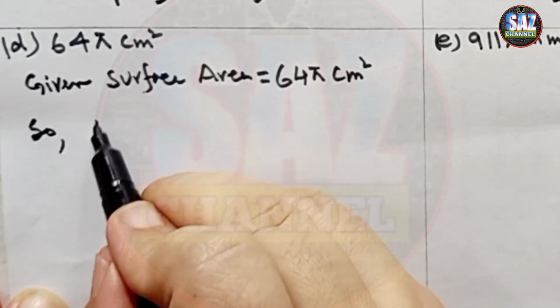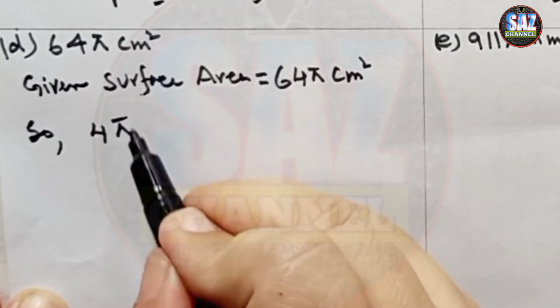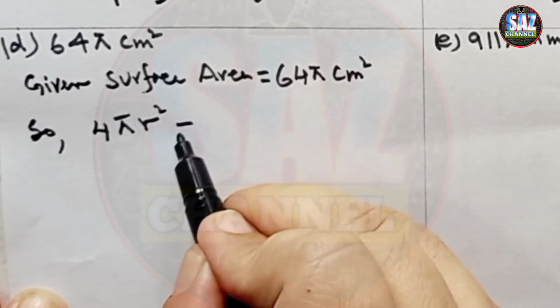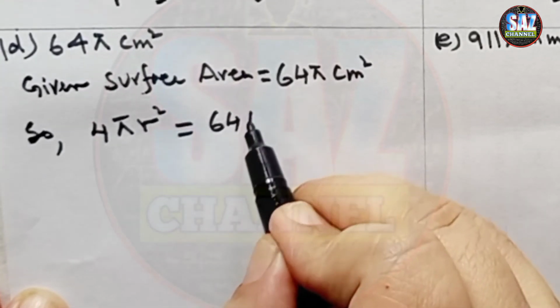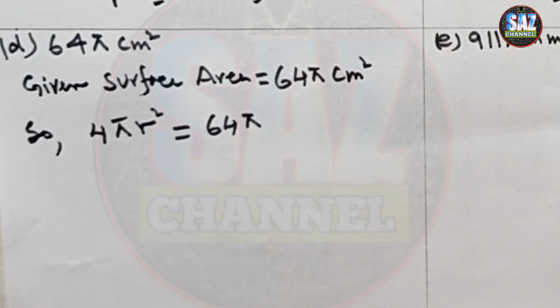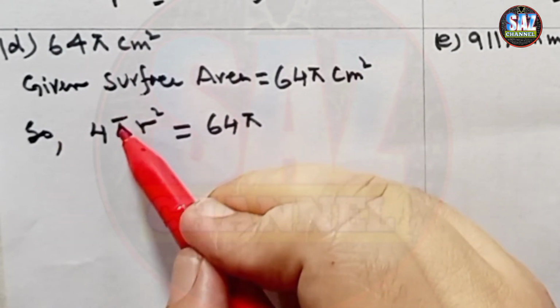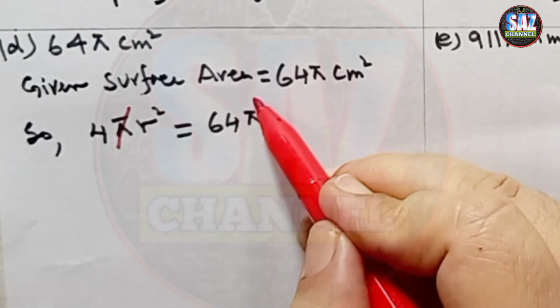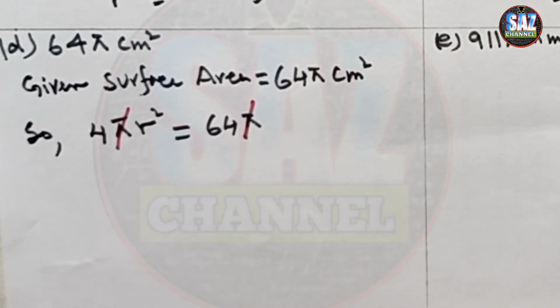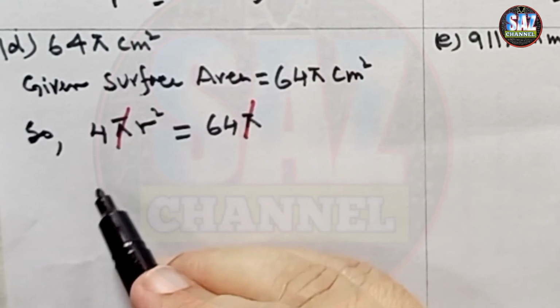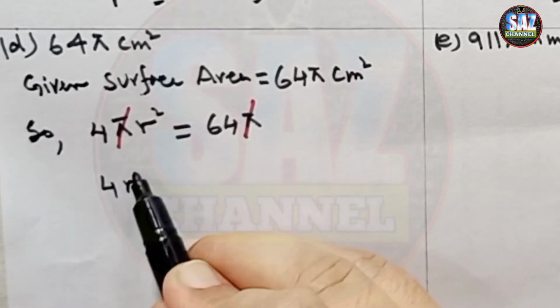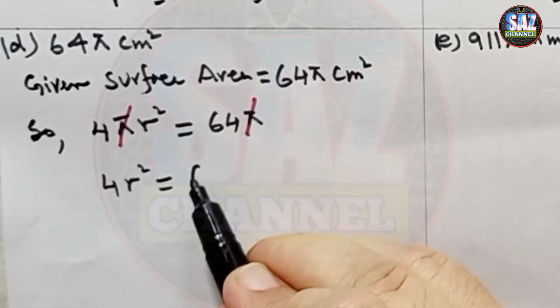The formula for the surface area. What is that? 4 pi r square equals 64 pi. Now look, we have the common factor on both sides, that is pi, and it can cancel. Okay, and we are left with 4r square equals 64.